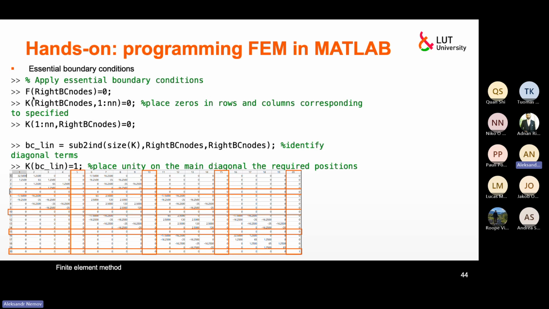Yeah, that's my oversight. I should have put it here for comparison. But at least it says that at nodes on the right side, you specifically apply that it must be 0, and one of those nodes is number 5, right?